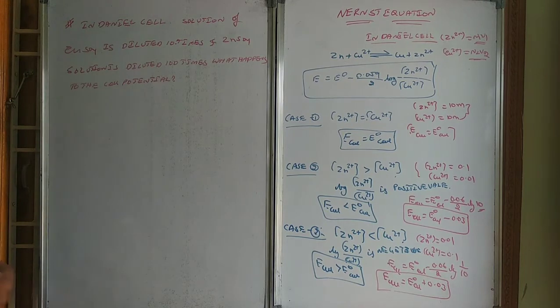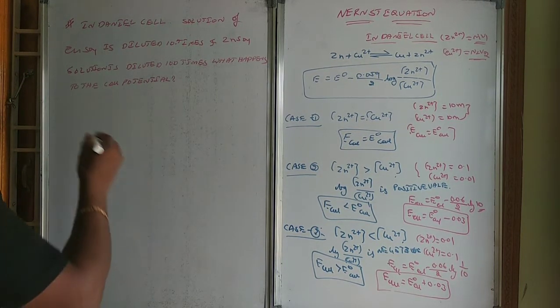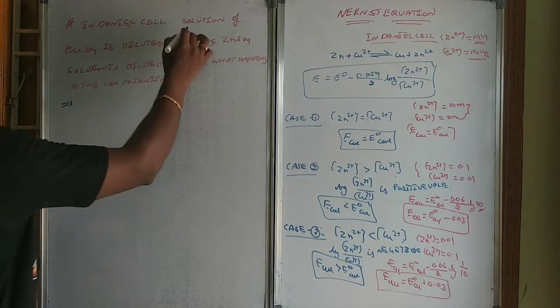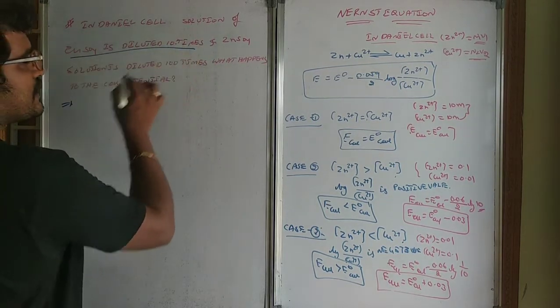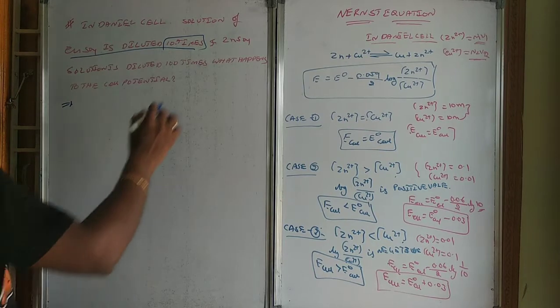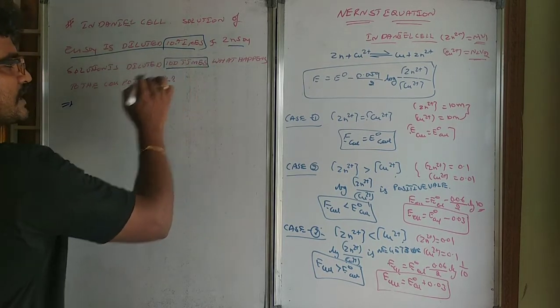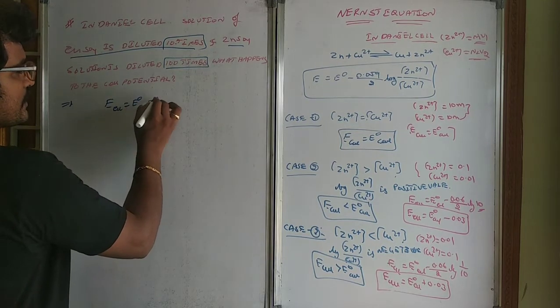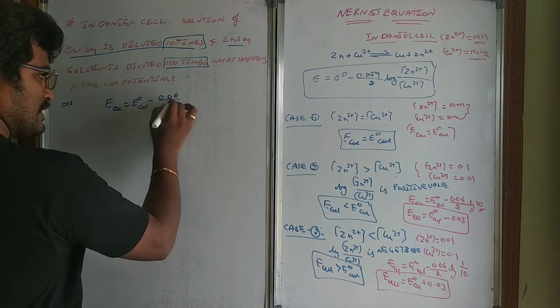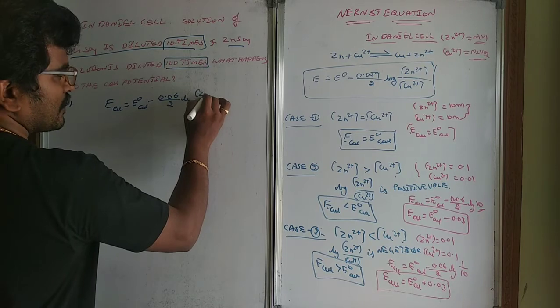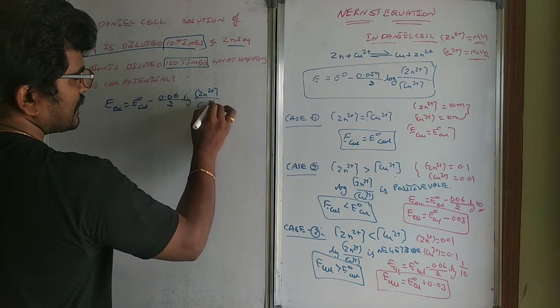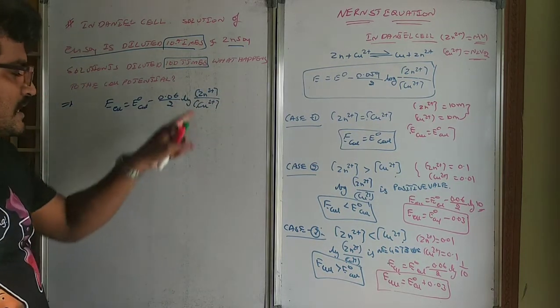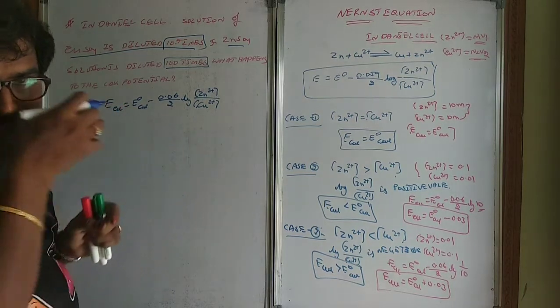See the question. This kind of questions are familiar among these Nernst equation problems. Solution of copper sulfate is diluted 10 times. Zinc sulfate solution is diluted 100 times. Let us take E cell is equals to E naught cell minus 0.06 by 2 log zinc concentration by copper concentration. Let us take these are having the same concentration.